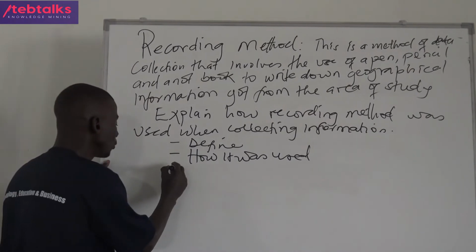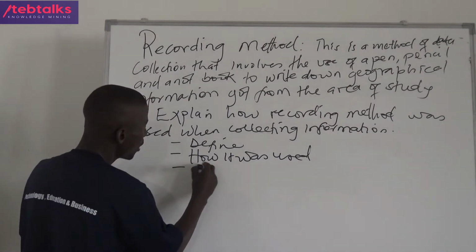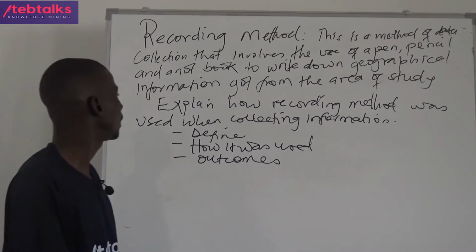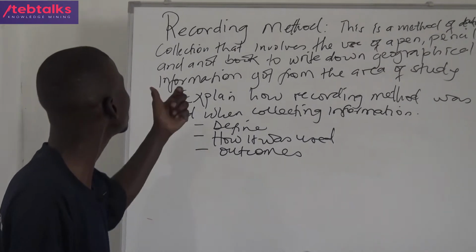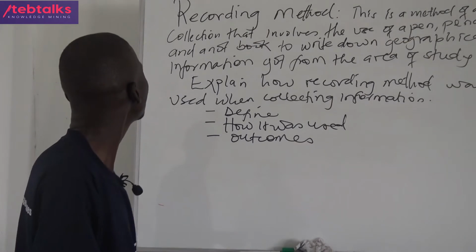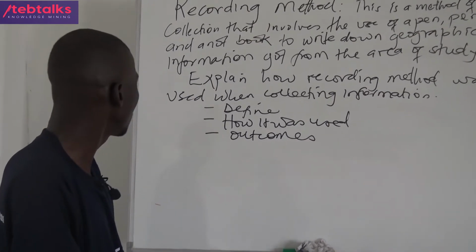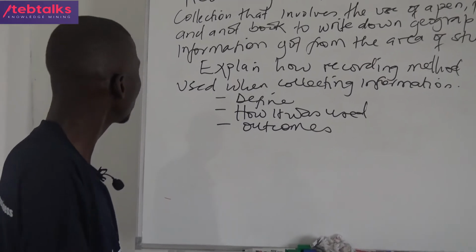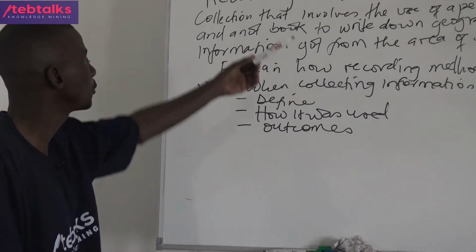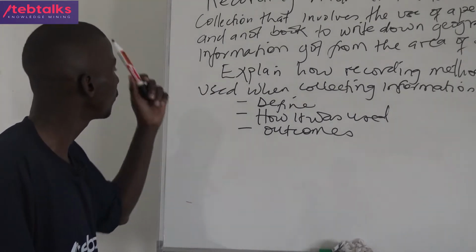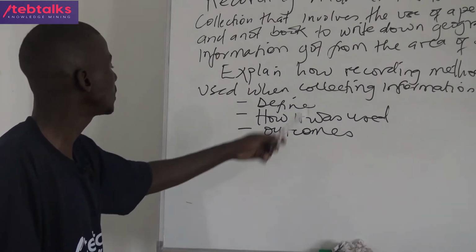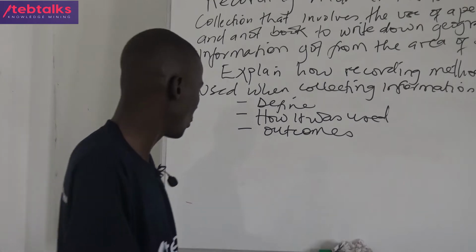And then after how the method was used, what were your outcomes? Did you get exactly what you wanted using this recording method? Say for example, if you want to know the fish species, did you write down the fish species got? Did you write down the methods of fishing, problems, etc.? In that way, UNEB will be requiring you to handle it. How was the recording method used when collecting data in the area of study? Define how it is used and then outcomes.